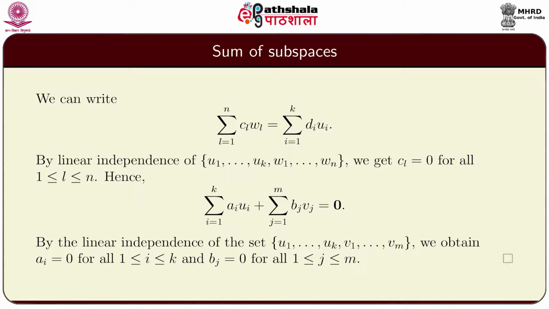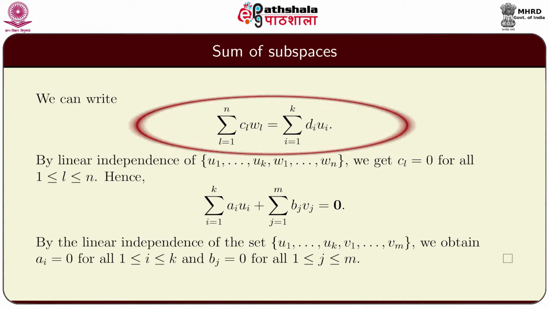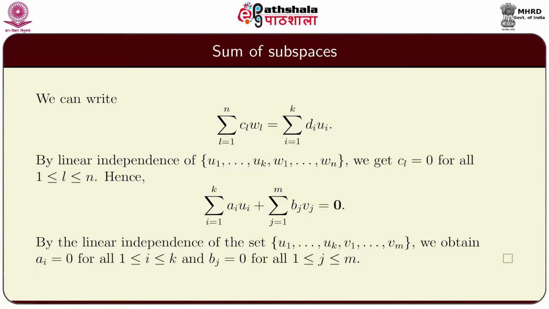Therefore, we can write summation cl wl, l equal to 1 to n, is equal to summation di ui, i equal to 1 to k, because we know that the set u1 and so on uk is a basis for W1 intersection W2. Now, we apply linear independence of these vectors u1 and so on uk, w1 and so on wn, and we get cl is 0 for all l from 1 to n.